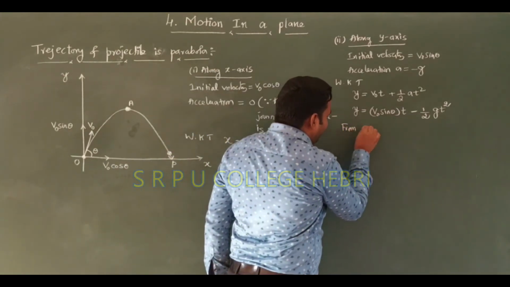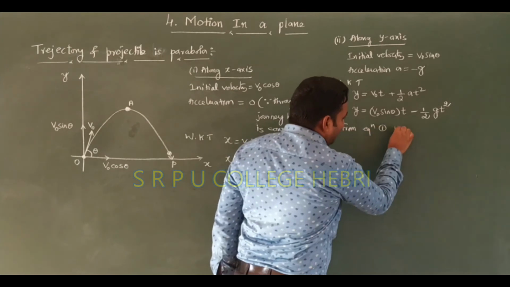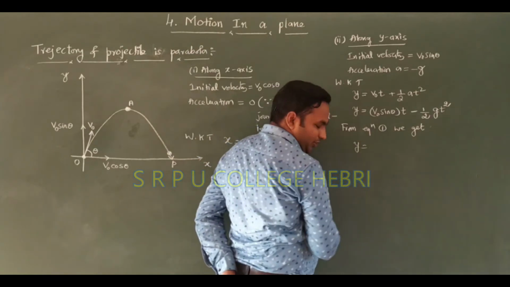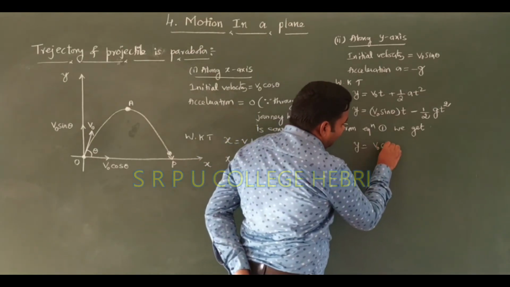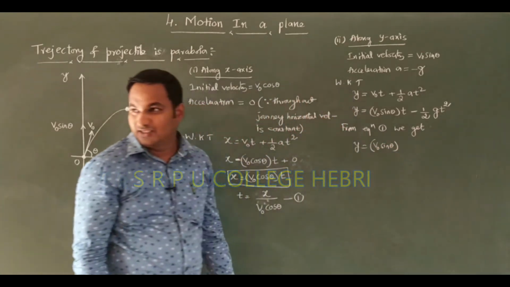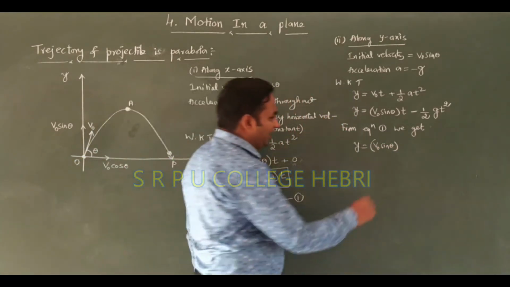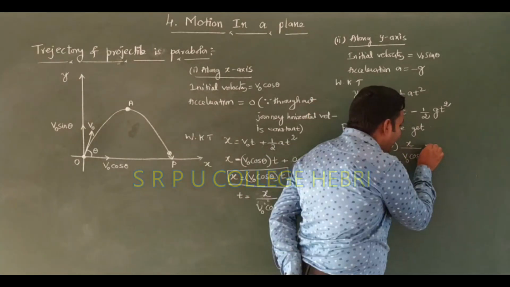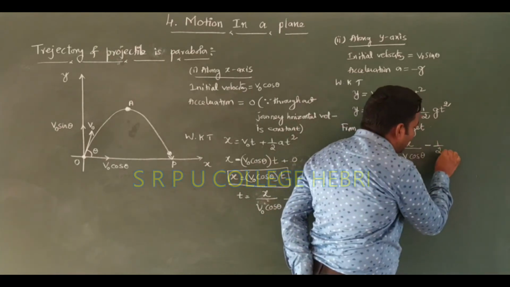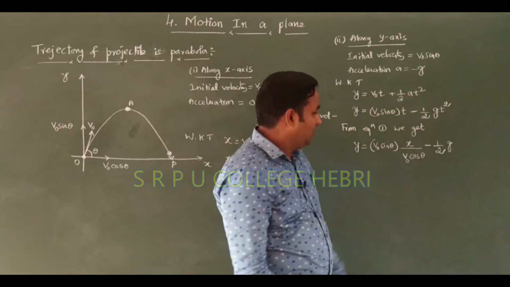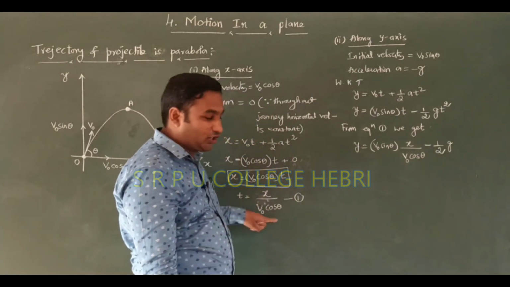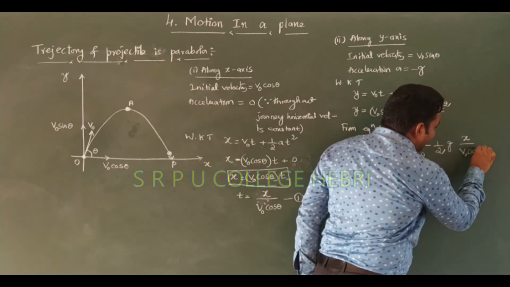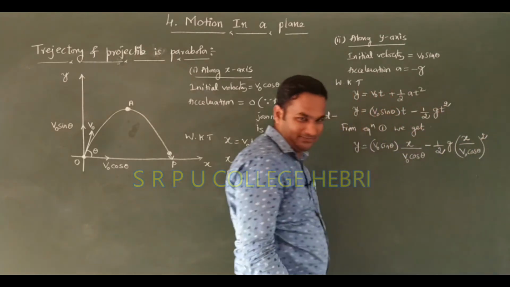From equation 1, we get y is equal to v naught sin theta into t. In place of t, you have to write x divided by v naught cos theta, minus half into g as it is. In place of t square, x divided by v naught cos theta, it becomes squared.